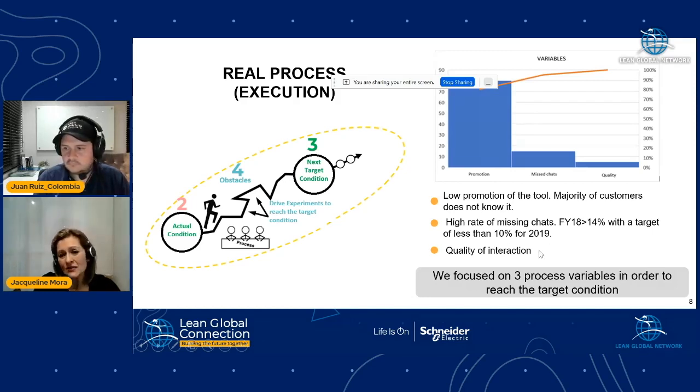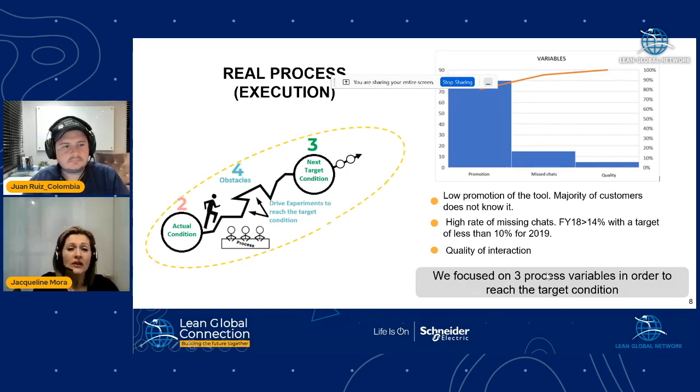And the last cause was related to the quality of interaction, because at the beginning of the process, we didn't have the protocol or standardized answer to put good quality in our answers and to recommend or promote the tool in front of our customers.